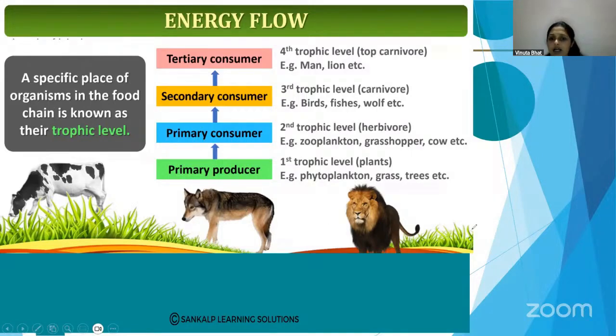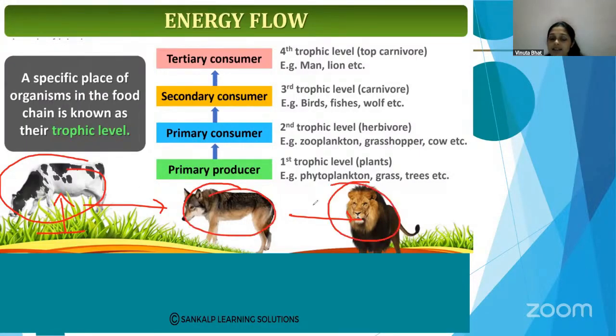So here grass, cow, wolf, lion. You can see the specific food chain here. The cow is in the second place, the wolf is in the third place, and the lion is in the fourth place. This specific place is called the trophic level.